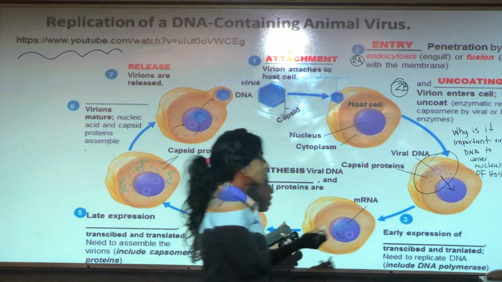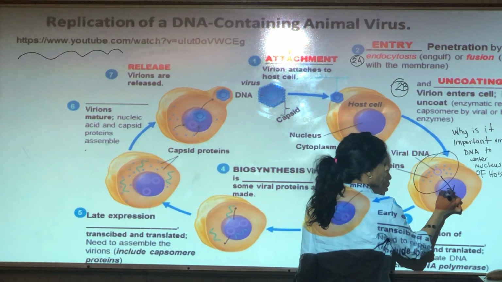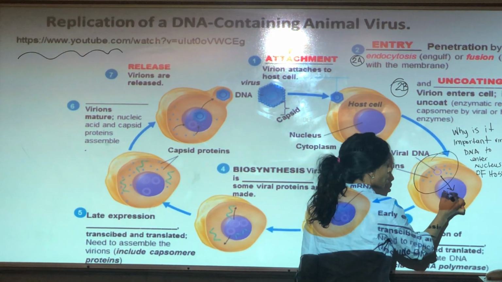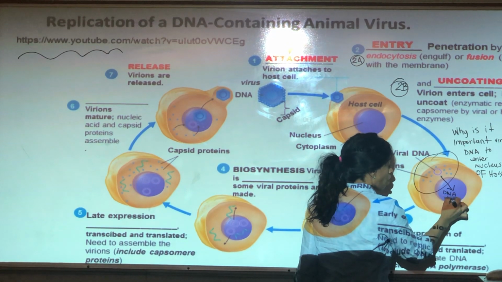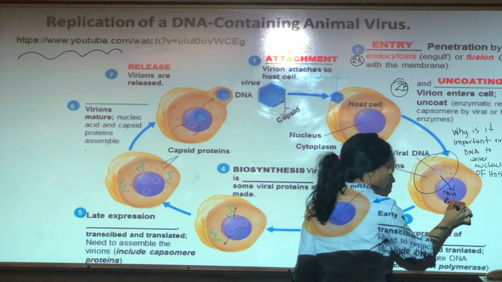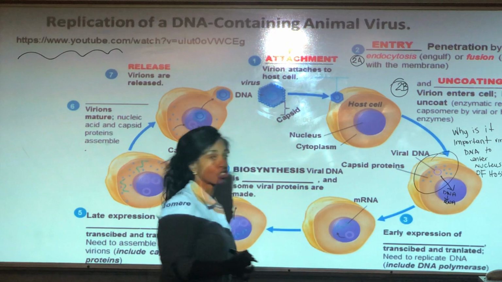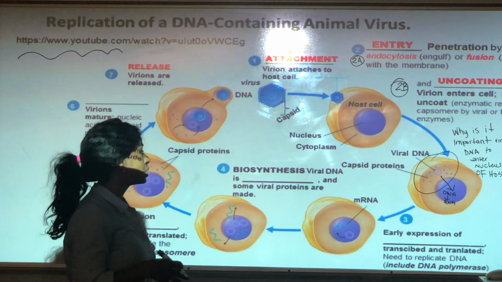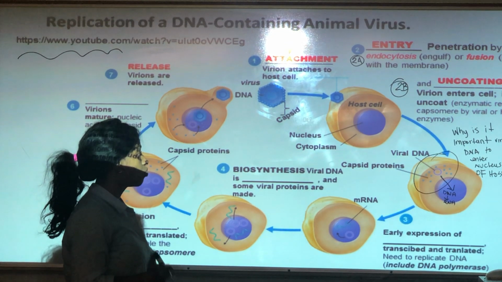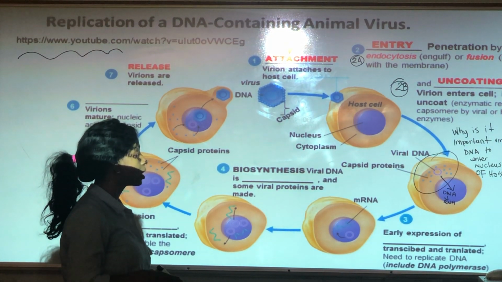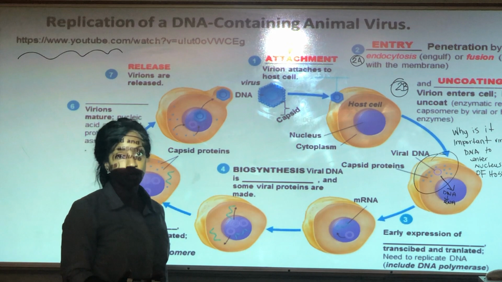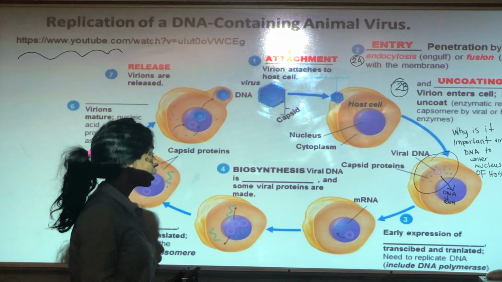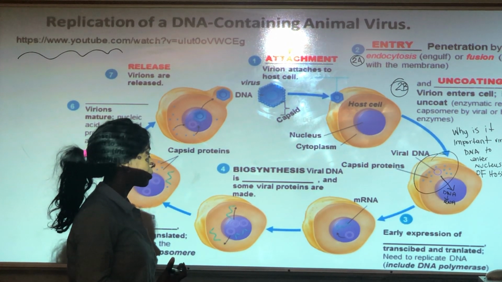So inside the nucleus, this is where the viral DNA will be made into RNA. So the expression, transcription, this is something that we discussed. So the viral DNA needs to get inside, and once it's inside the nucleus, again, it can be expressed into RNA.